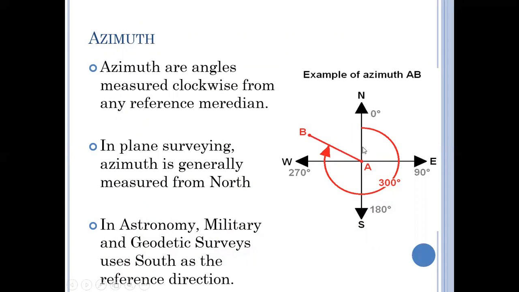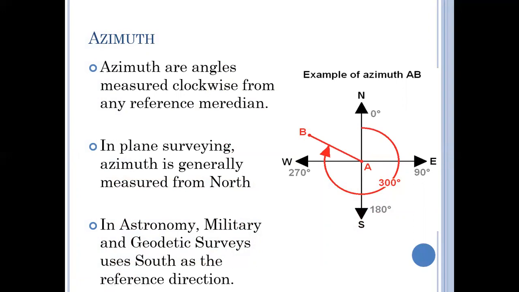Our azimuth from A to B is given as 300 degrees. Now, if our reference is from the south, the azimuth would be 90 plus 30. So 90 plus 30 is 120.